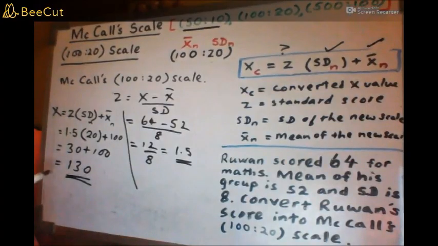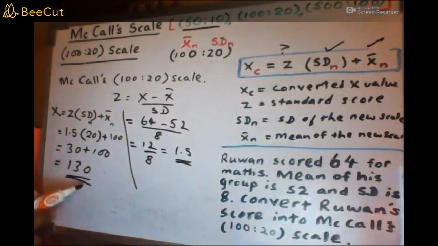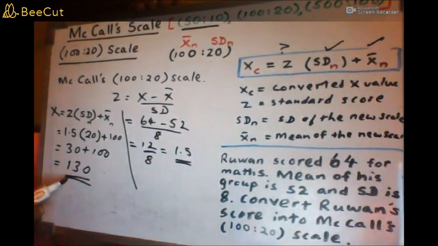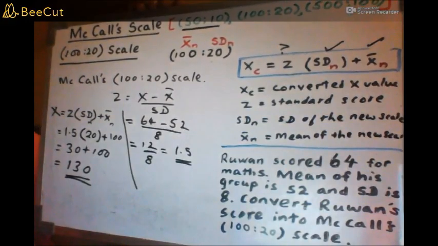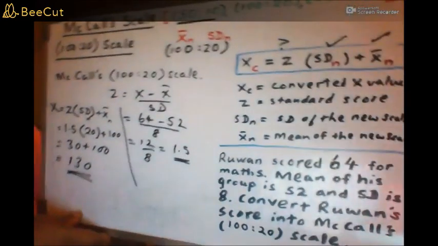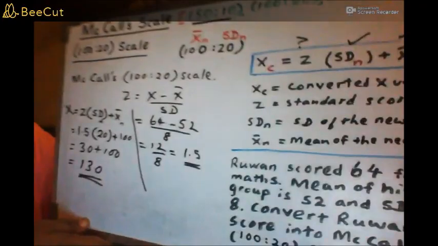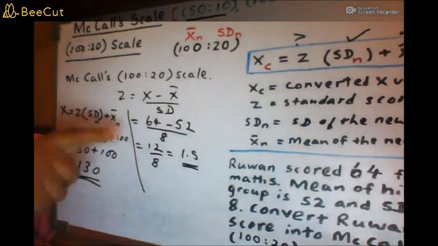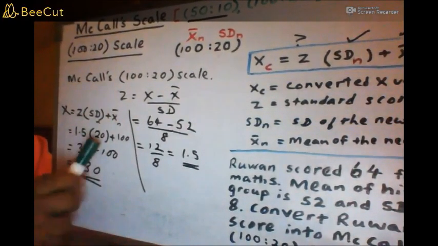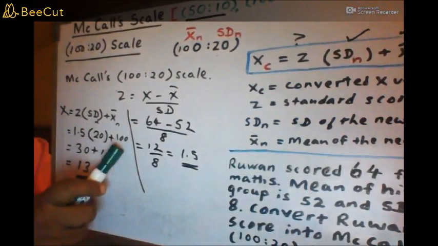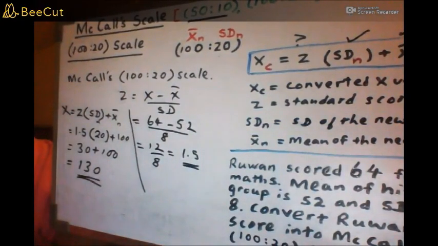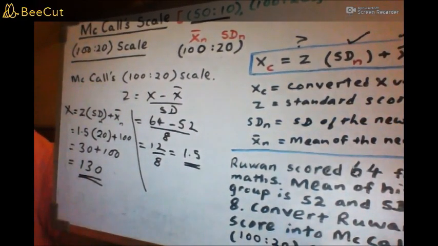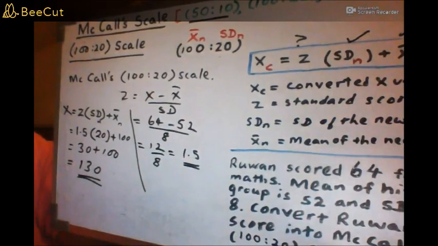So according to McCall's 120 scale, Ruan's mark is 130. That's the way. If it is 500, 100, it's the same. Here you'll have to put 100 and here you have to put 500. The rest is the same. That is McCall scale.